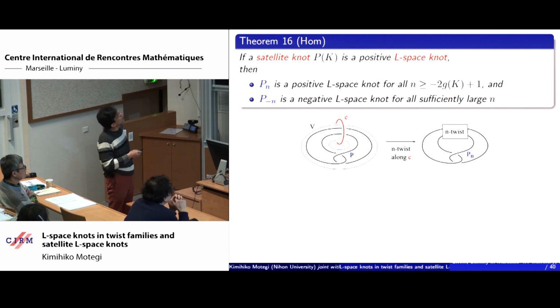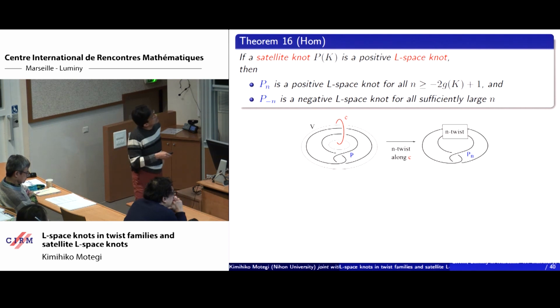And also, Hom proved that if a satellite knot P of K is a positive L space knot, then P_n is here. Recall that we have a pattern V and P here, and take C as a core of the complementary solid torus here. Twisting along C, we obtain a twist family of knots, P_n.